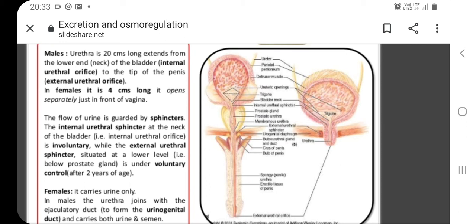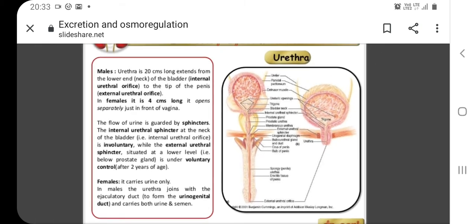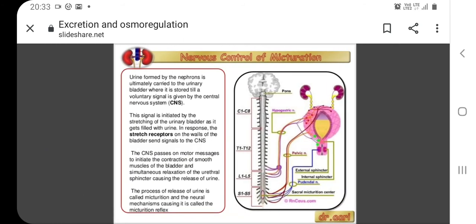That is, one can control passing the urine. In females, it carries urine only, while in males, the urethra joins with the ejaculatory duct to form a urinogenital duct and carries both urine and semen.